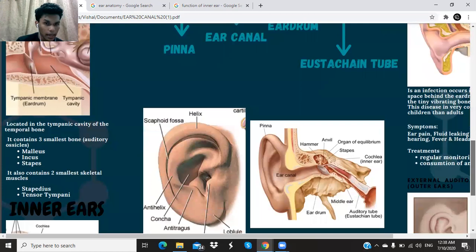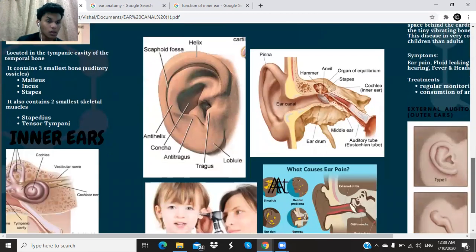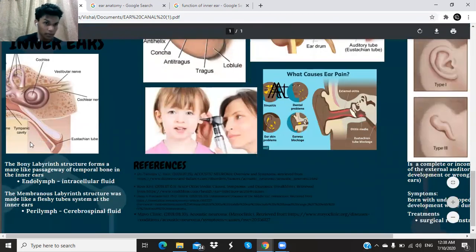Next, we'll be seeing the inner ear. In the inner ear, there are two different structures which are bonded together. The first is the bony labyrinth, a maze-like passageway in the temporal bone of the inner ear.